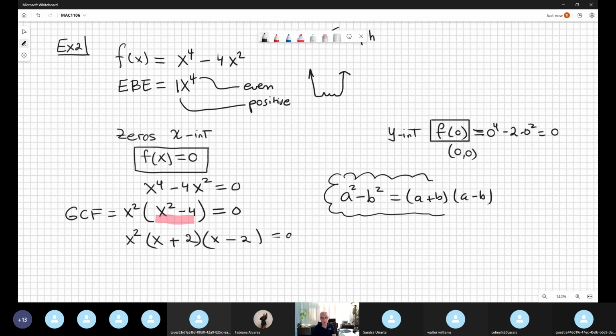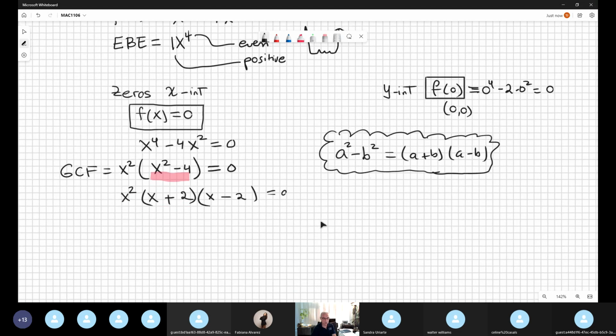Cool. Now, at this moment, I almost finished. The only thing you should do is copy each factor one by one, and you enforce it to be 0. This is the zero factor property. So x squared is equal to 0, x plus 2 is equal to 0, and x minus 2 is equal to 0.